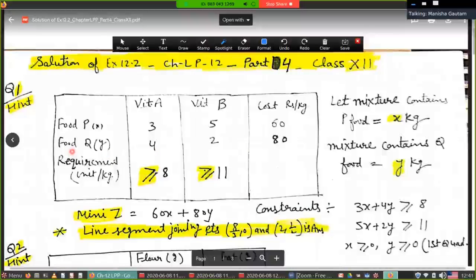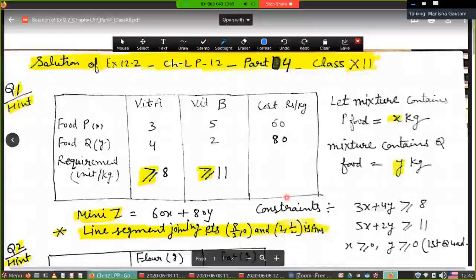Food Q has 4 units of vitamin A and 2 units of vitamin B. Vitamin A is at least 8 and vitamin B is at least 11. First of all, you have to assume the mixture contains P type of food, that is X kg, and Q type of food, that is Y kg.